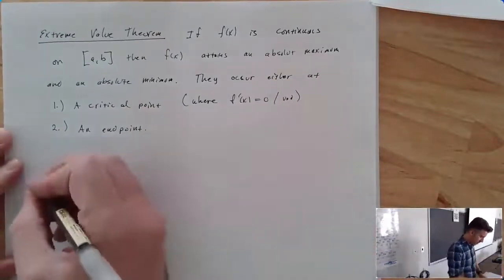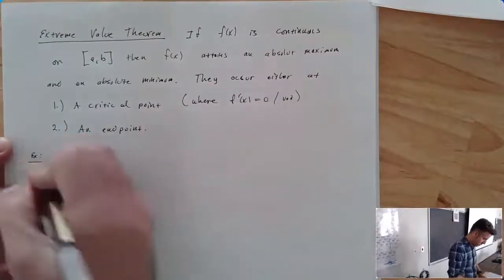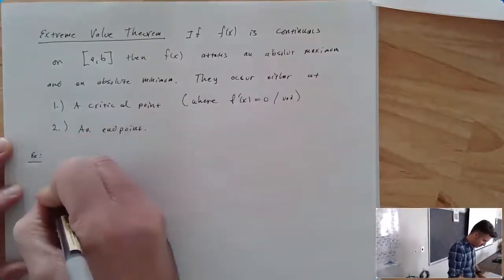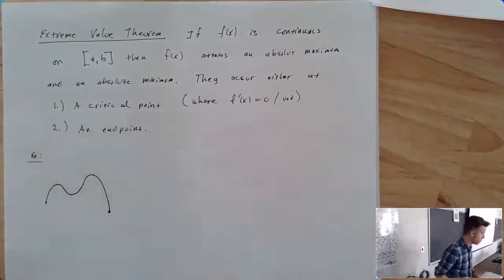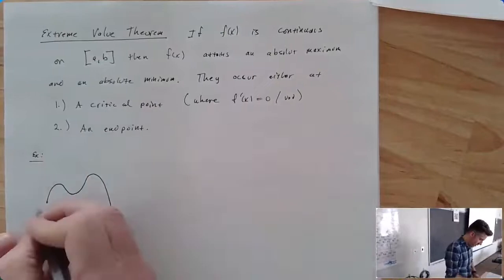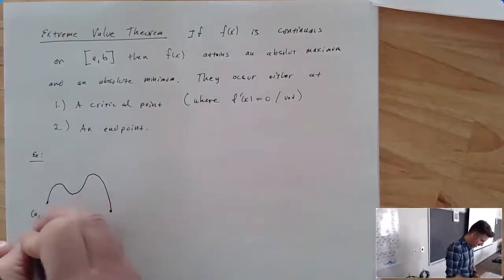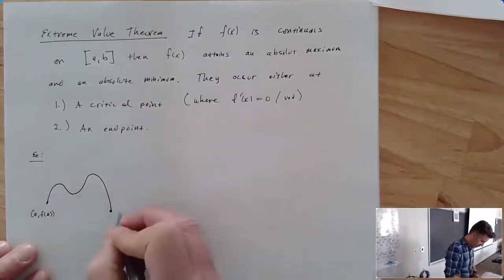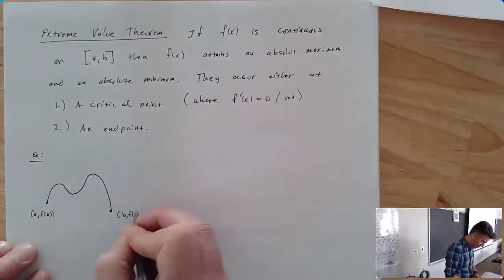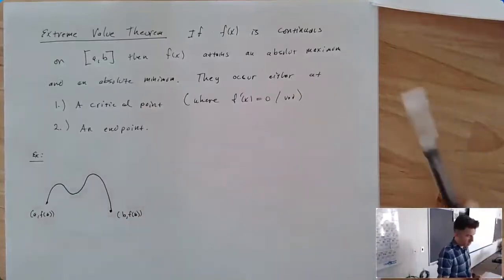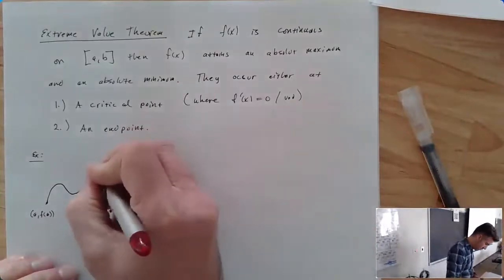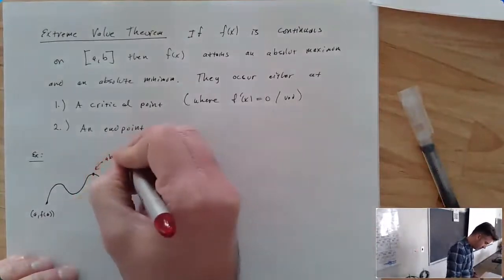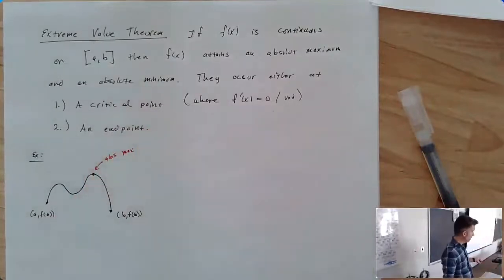You could have a function that looks kind of like this, where we're starting over here at a comma f of a, and we're ending over here at b comma f of b. This function, the way I've drawn it, has an absolute maximum right there at a critical point where the derivative is equal to 0.